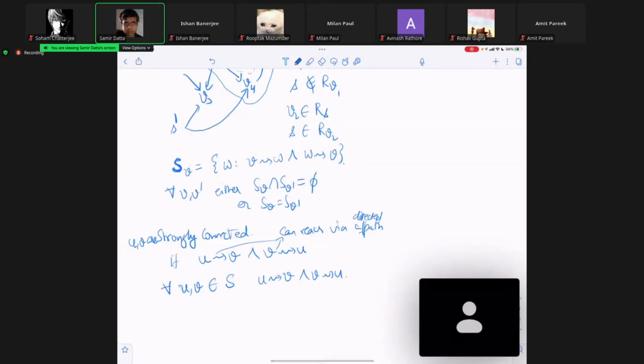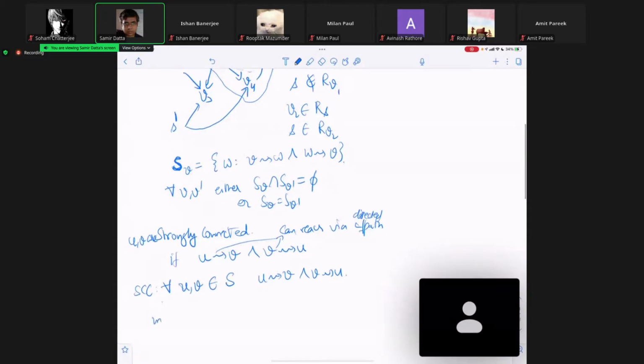This is a strongly connected component, or SCC. We will actually refer to a maximal SCC. If you take two vertices out of an SCC, they of course form an SCC also, because both of them are connected. But you want the maximal SCC: you cannot add a vertex to the SCC without disturbing strong connectivity. Am I making sense?